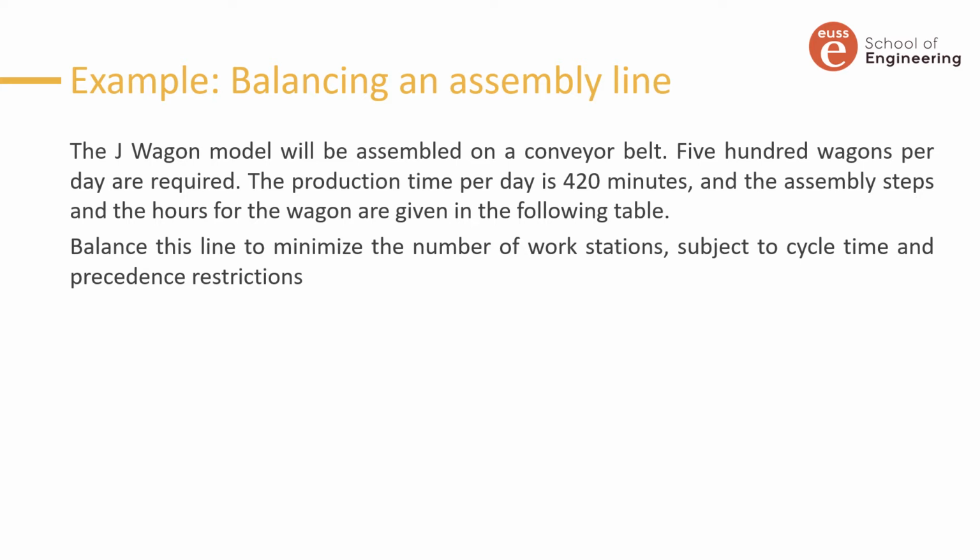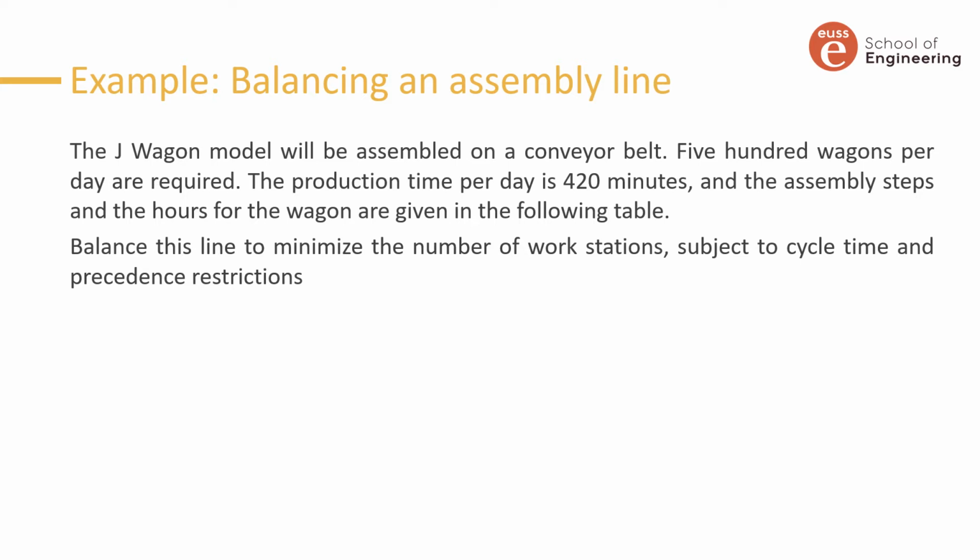So here, easily we can calculate the cycle time based on the formula that we have in the previous one, because we have production time per day and the output per day, 420 and 500. And the assembly steps and the hours of the wagon are given in the following table. In the next slide, we have more information about each of the tasks of this assembly line.